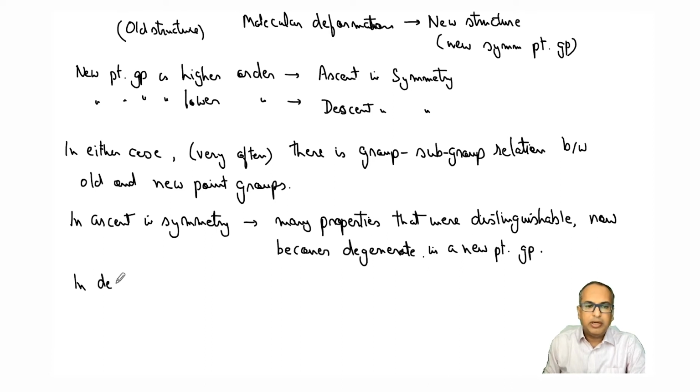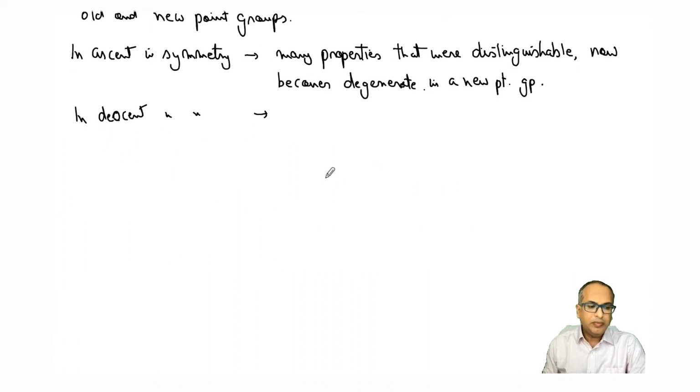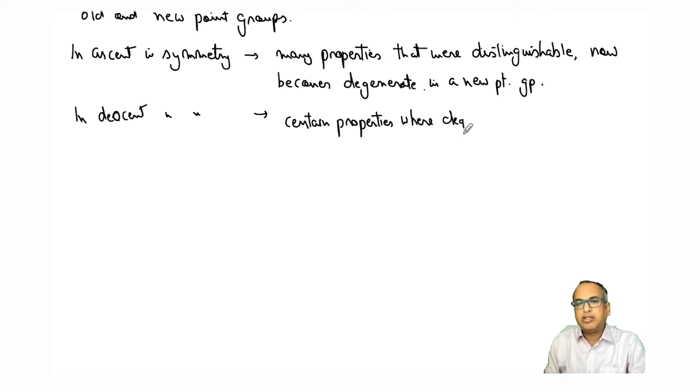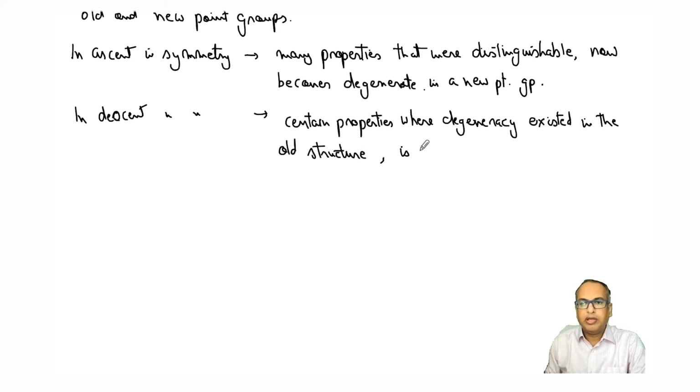We will see how that happens. And in descent in symmetry, certain properties where degeneracy existed in the old structure, that degeneracy is now lifted, meaning they are now acting independently in the new structure.